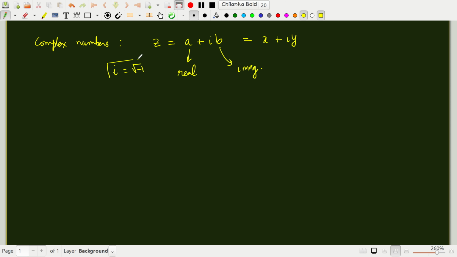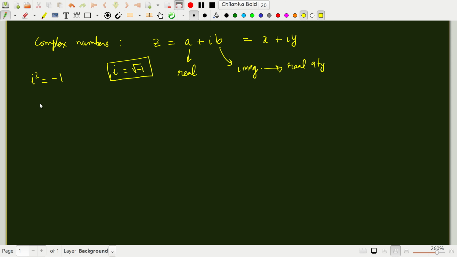This is the imaginary unity, which is what helps us to generalize real numbers to complex numbers. i squared is -1. Note that the imaginary part of a complex number itself is a real quantity, and the multiplication by i makes it imaginary.